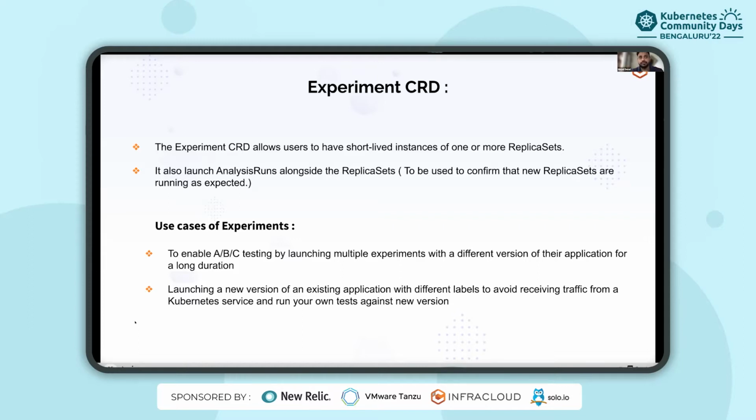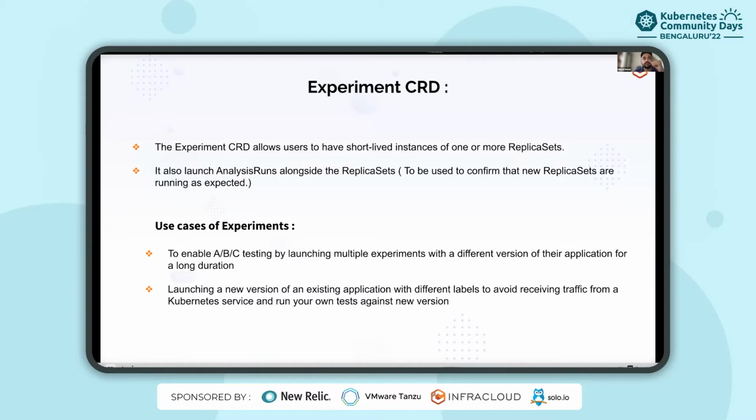This experiment feature is basically launched so that you would be able to do some sort of destructive testing as well. When I say destructive testing, that means you would not be doing the actual application functionality test, but would be purposefully running the test to check what are the points of failure of your applications.